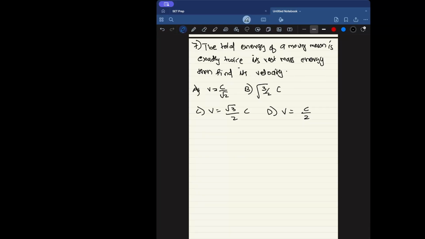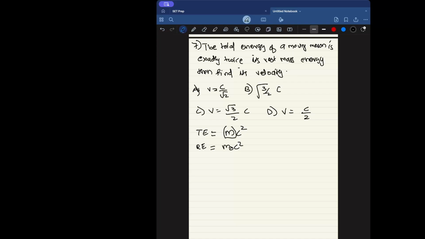Last one. The total energy of a moving meson is exactly twice its rest mass energy. Then find its velocity. The total energy according to special relativity is mc square. And what is the rest mass energy? Rest energy is equal to m0 c square.